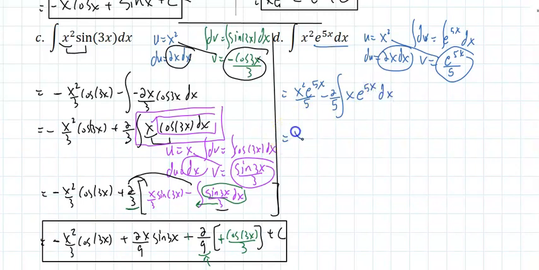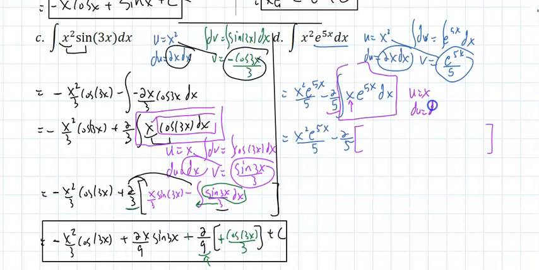So now I'm going to apply integration by parts, but only on this piece. So whatever comes out of that, I'm going to multiply by negative 2/5. I'm going to let u equal x. du is dx.